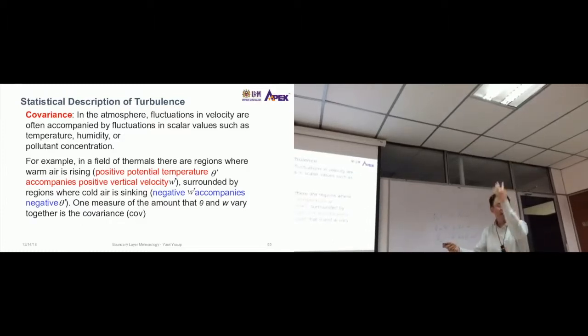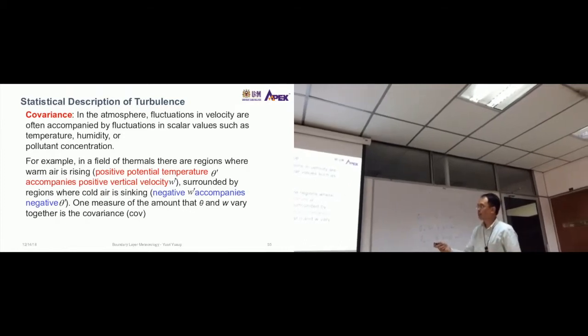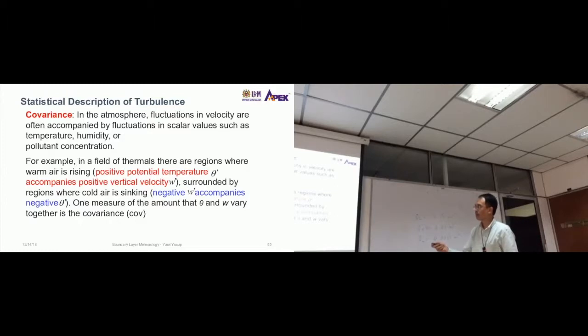If warm air is rising, going up, with positive potential temperature, that means theta prime is positive, higher than the average. And the vertical velocity is positive, w prime higher than the average. That means it's upward moving air plus warmer temperature. So this is a positive flux.